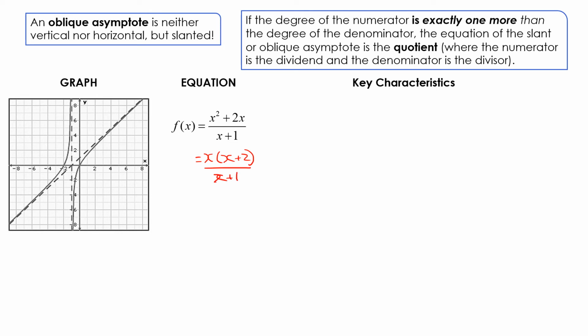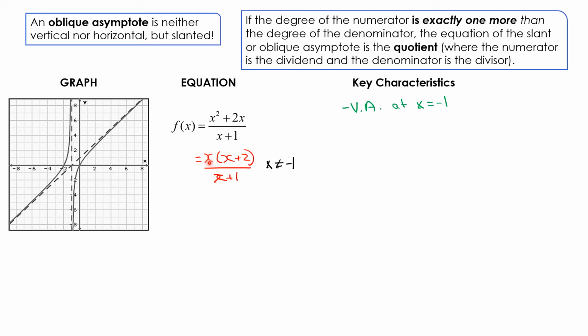The restriction is x cannot equal -1. And since that restriction did not cancel, it means we're going to have a vertical asymptote at x equals -1, and you can see that on the graph. Okay, going back to our equation, nothing cancels. Don't start canceling those x's out. The first x that you see here is a monomial.